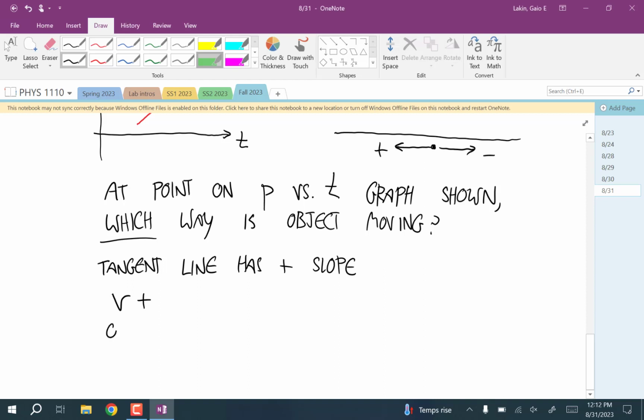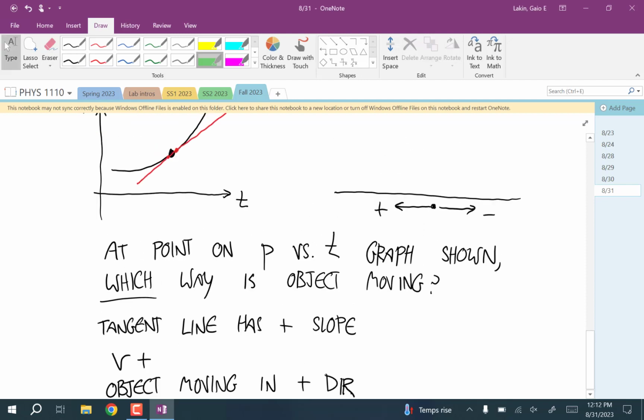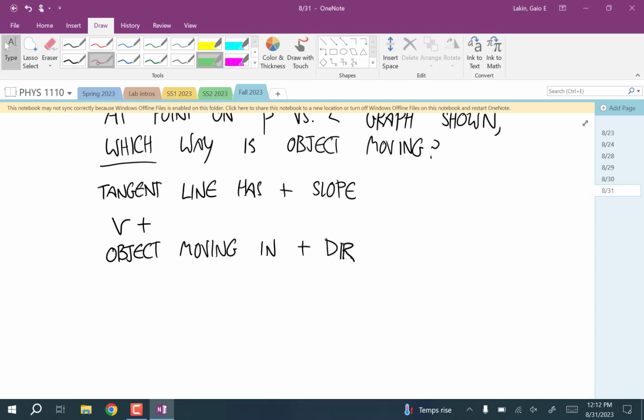So the object is moving in the positive direction. And because we decided that positive is to the left, the object is moving this way. All right?